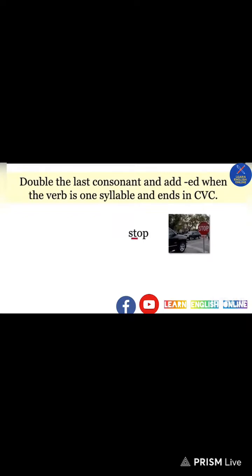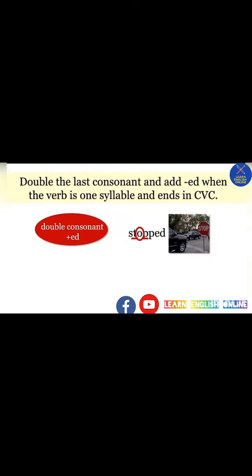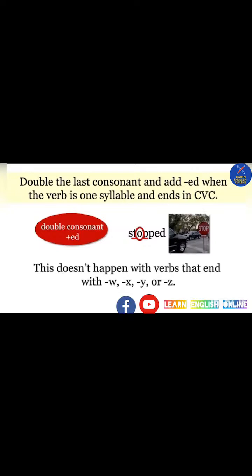And it's got a consonant, a vowel, and a consonant at the end. We double the consonant and add ed. So stop, double the p, add ed, and we get stopped. This doesn't happen with verbs that end with w, x, y, or z.